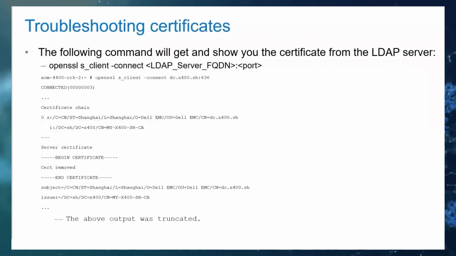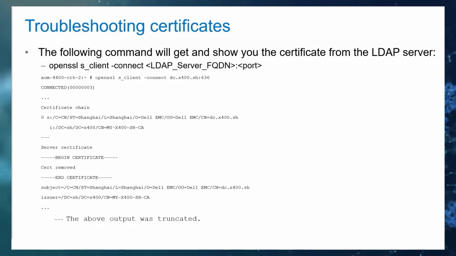When you're configuring secure LDAP or validating the certificates, you can do so by issuing the OpenSSL command. So run openssl s_client -connect, put in the FQDN of the Active Directory or OpenLDAP server:the port number, which is 636. Now, what you should notice is it shows connected. That means that ACM was able to basically validate and connect on that port 636, with that certificate.